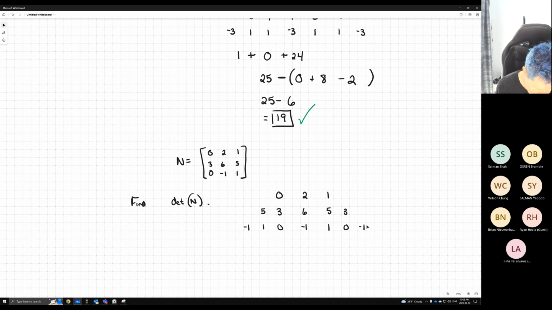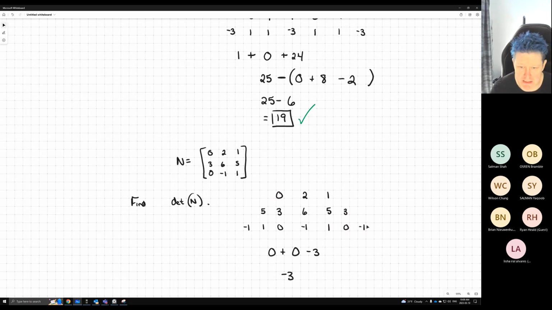So it conveniently starts out as 0 plus 0. Finally, 1 times 3 times negative 1, that's negative 3. Add all those up: 0 plus 0 minus 3 is negative 3.